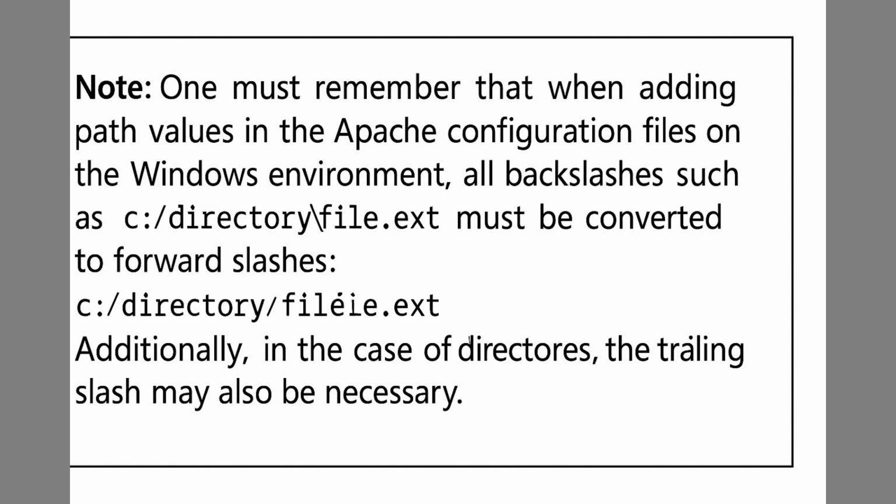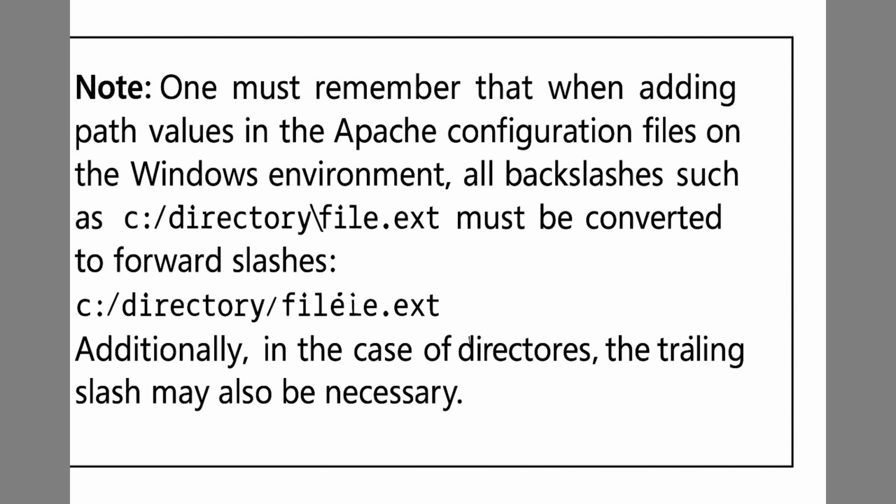Therefore, whenever you enter a path in an Apache configuration file, you must replace all the backslashes with forward slashes. The correct format should look like this: c:/directory/file.ext. This small but essential step helps Apache locate your files and directories correctly without generating errors.